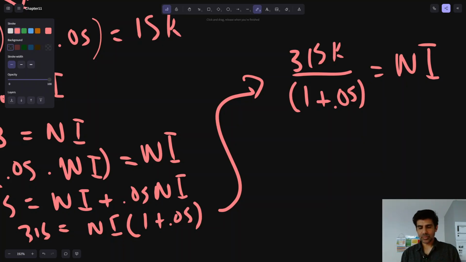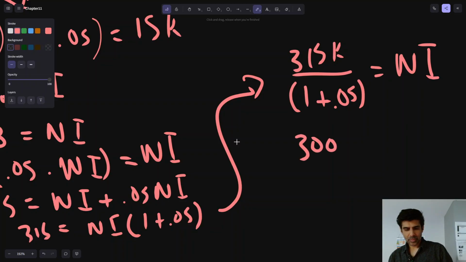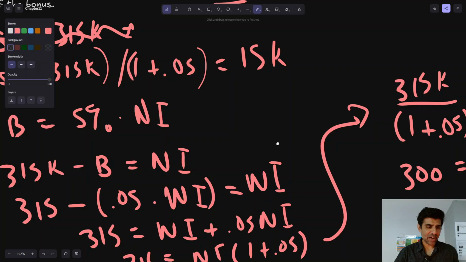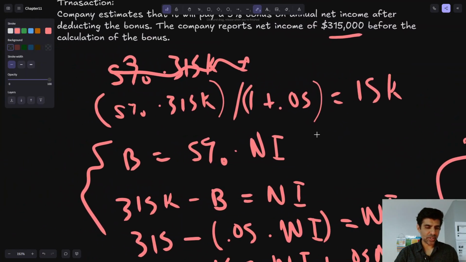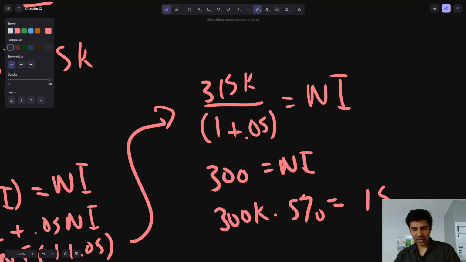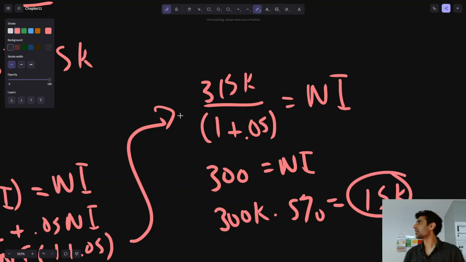Let's see. 315 divided by 1.05 is 300K, which equals net income. Okay. So now if I want to know what the bonus is, I can just go back to my original equation here. Bonus equals 5% times net income. So 300K times 5% equals 15K. So yes, you got to the right number.